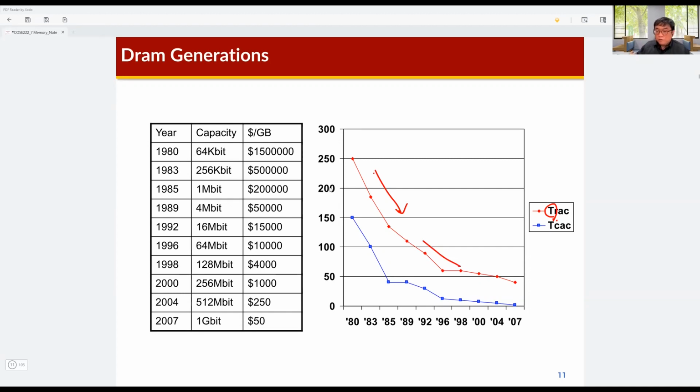The performance of the DRAM is increased year by year. Also, the capacity is increased because of the advances in CMOS technology node, and the price cost is also reduced.